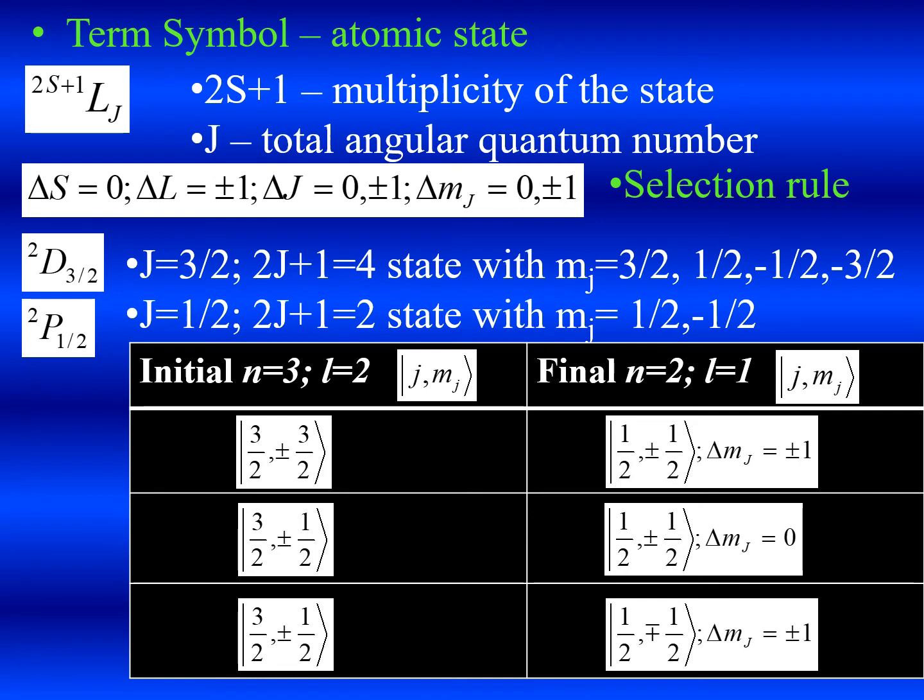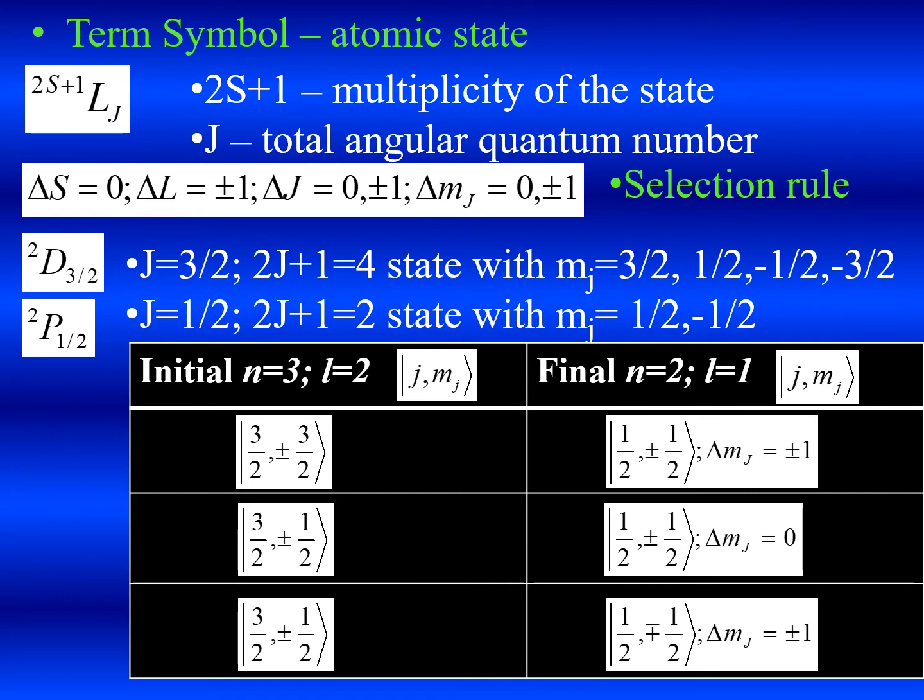If you take the initial state 3/2 with plus or minus 3/2 to the final state 1/2 with plus or minus 1/2: a transition from Mj equal to plus or minus 3/2 to Mj equal to plus or minus 1/2 has delta Mj equal to plus or minus 1.